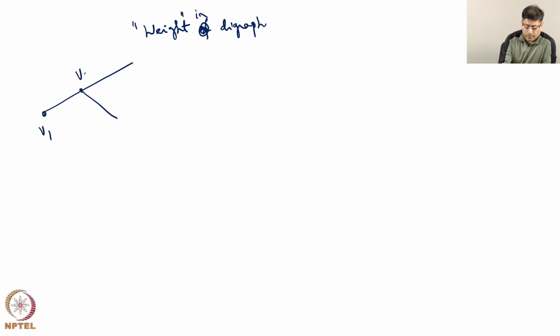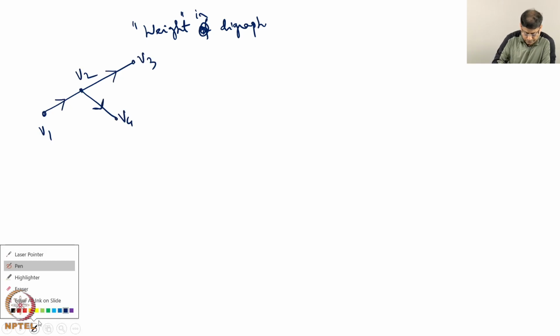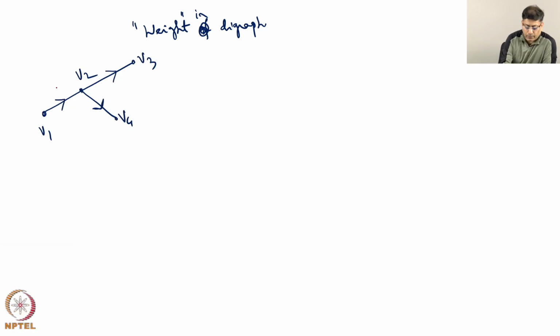Say V1, V2, V3 and V4, and some flows are taking place like this, and we assign a number from V1 to V2, 8 unit of flow is happening, from V2 to V3 5 unit of flow is happening, and from V2 to V4 3 unit of flow is happening.